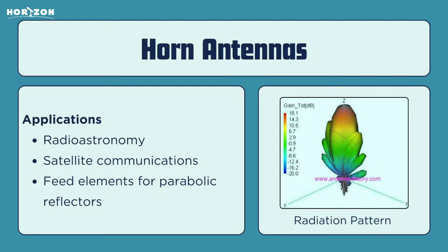Here you can see the radiation pattern of the horn. You can see that it is indeed much more directional. You have one main lobe pointing towards one direction, and a few other side lobes pointing slightly away.